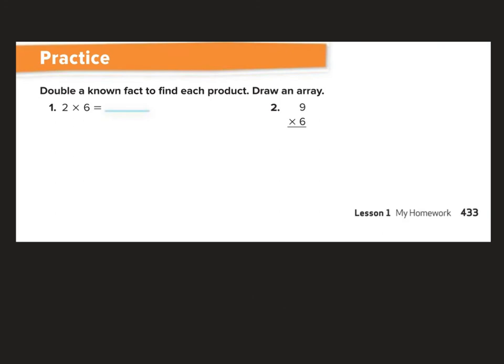Let's look here, double a known fact to find each product. Okay, so I'm going to break 6 into 3 plus 3. So I need to do 2 times 3 plus 2 times 3. 2 times 3 is 6, so I need to do 6 plus 6, and that is 12. So my answer is 12. Next, 9 and 6. I'm going to break 6 into 3 plus 3.